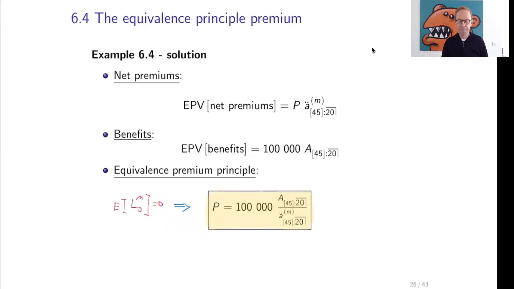If we only have yearly information, only life tables and actuarial values on a yearly basis, we have to make an assumption of mortality within the year, and we have seen before approximations for this A double dot m 4520. As you will see in the book, you can calculate this premium for the different choices of m.